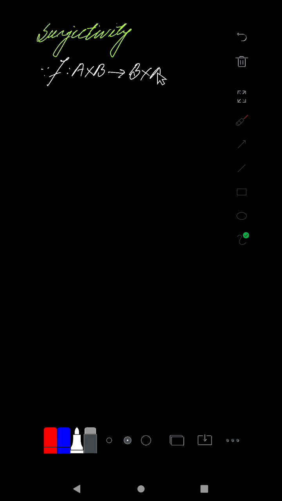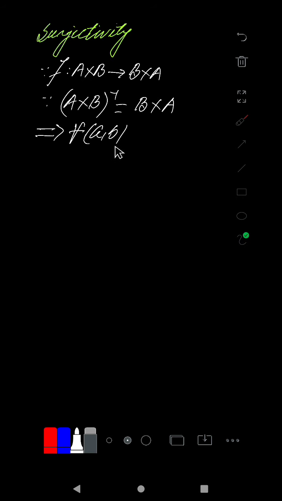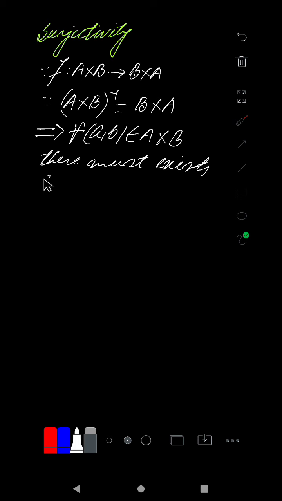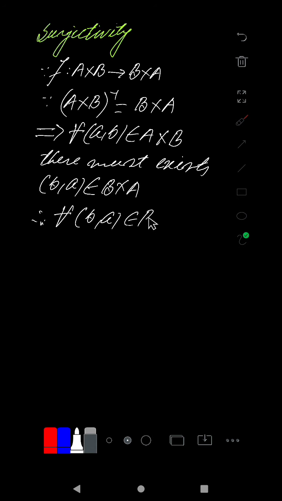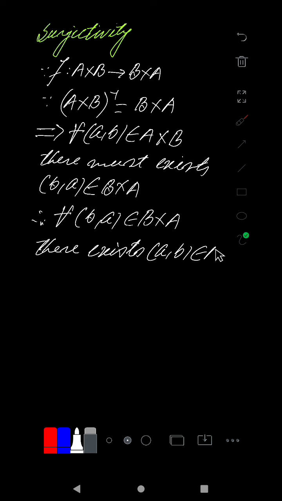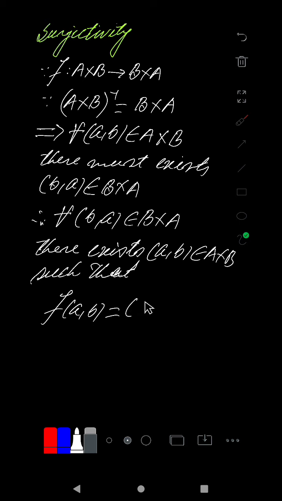Now let us talk about surjectivity of the function. Since f is defined from A cross B to B cross A, it implies that for all (a, b) belongs to A cross B, there must exist an ordered pair (b, a) in B cross A. So, for all (b, a) belongs to B cross A, there exists (a, b) in domain A cross B such that f(a, b) is equal to (b, a).